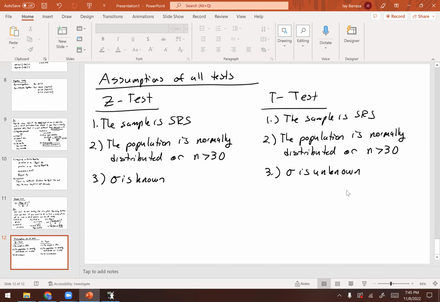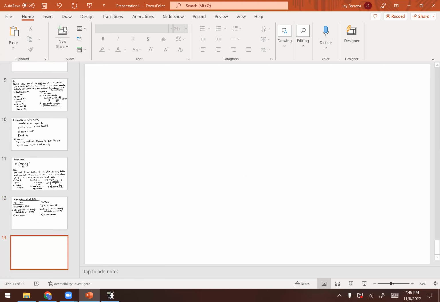Population is normally distributed or the sample is greater than 30. And sigma is known for Z and sigma is unknown for T. Any questions on that? All right. Two sample means.